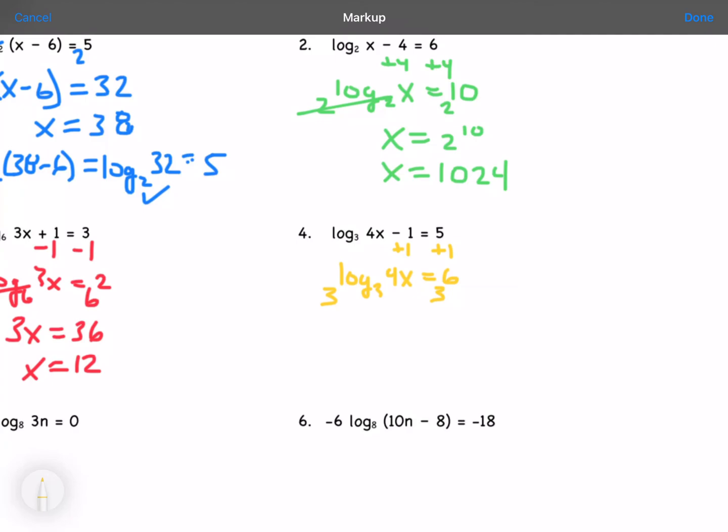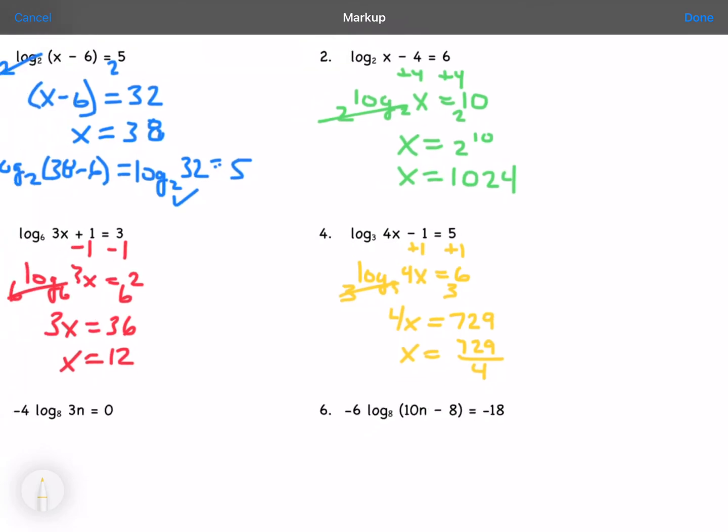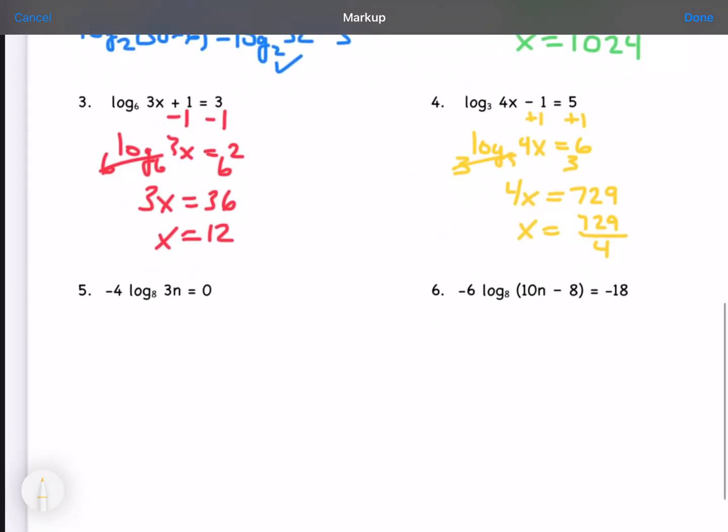The log base 3 of 4x is an exponent, and the 6 is an exponent. So now it becomes 4x equals 3 to the 6th. 3 to the 6th is 729. When I divide by 4, I'm just going to leave it as 729 divided by 4. That's the easiest way to do it. You can't really reduce it.